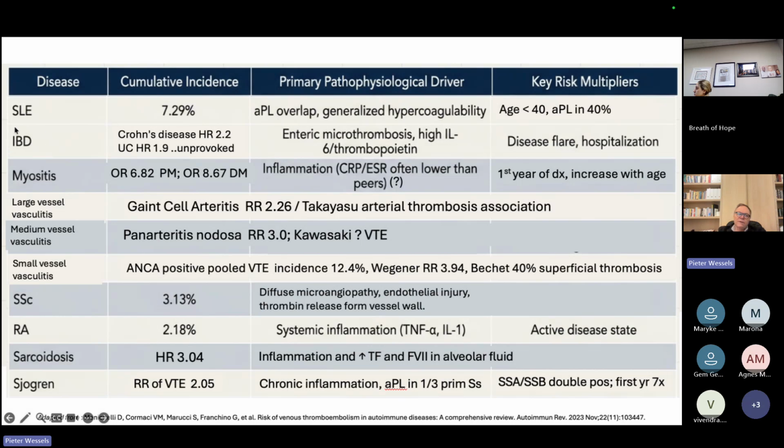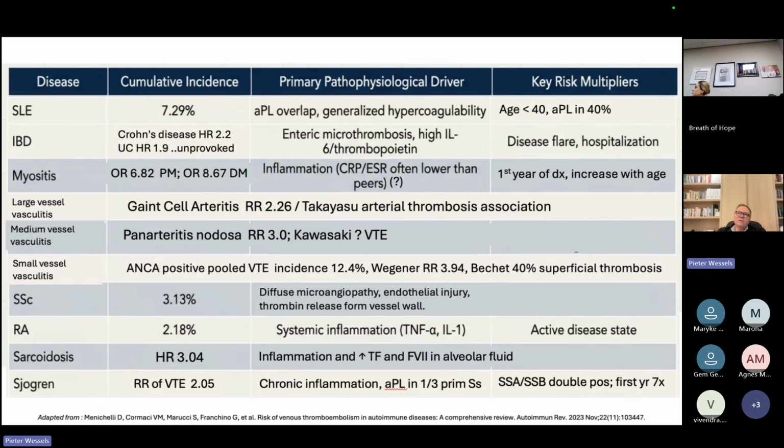Inflammatory bowel disease, IBD, it depends on what you're talking about. If you talk about Crohn's disease, the hazard ratio is 2.2, and ulcerative colitis too. If a patient presents with an unprovoked DVT, I think an important question to that patient is, do you have gastrointestinal symptoms?